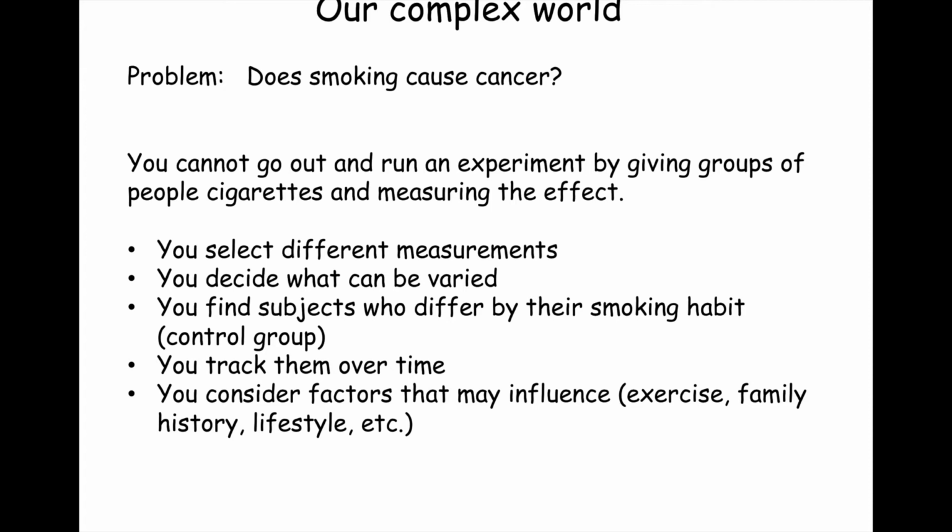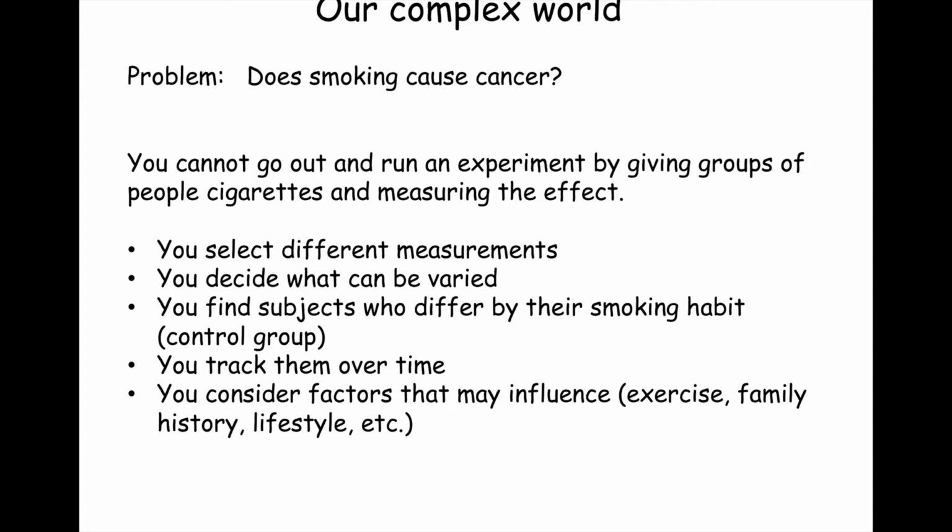So what you can do is select a different type of measurement. You can say, let me go out into the population and take existing cigarette smokers, and I'm going to recruit them into my survey, and I'm going to find people that have heavy usage, for some definition of heavy usage, some that have medium usage, and some that have light usage of cigarettes on a daily basis. So you can actually go out into the population and find them, right?